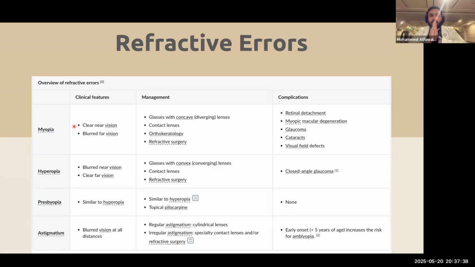If looking closely is normal, my issue is looking far. Basically what's happening is that the refraction is too short, so I want to put it a bit further. How do I do that? By concave, diverging it, making it go a bit further. Does that make sense?